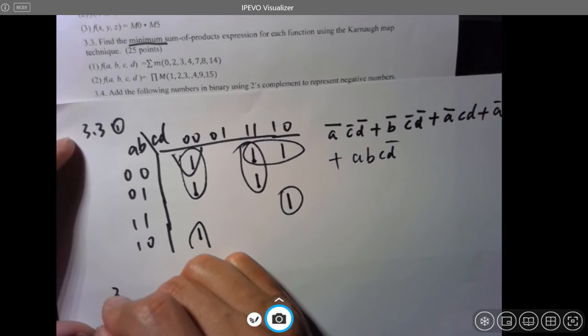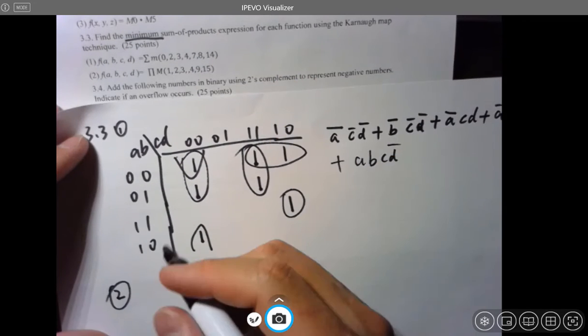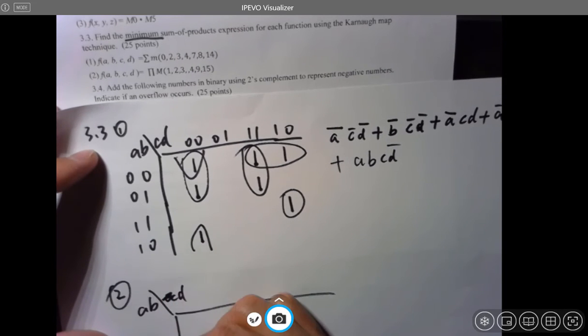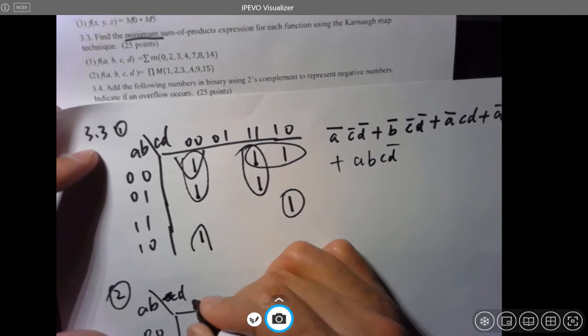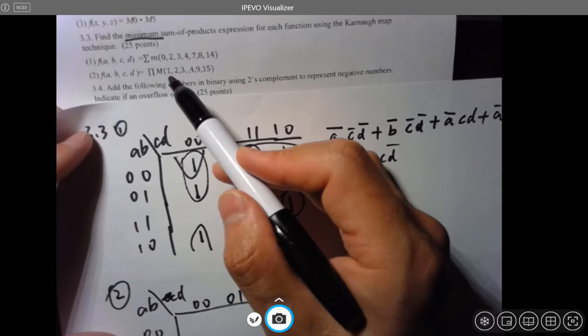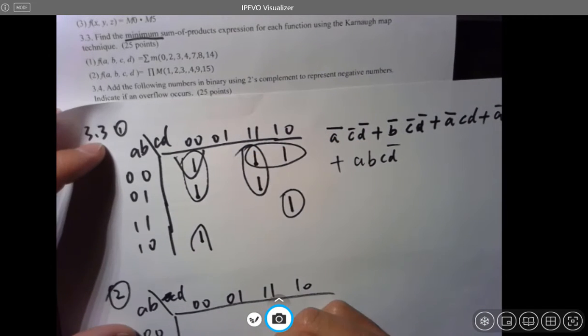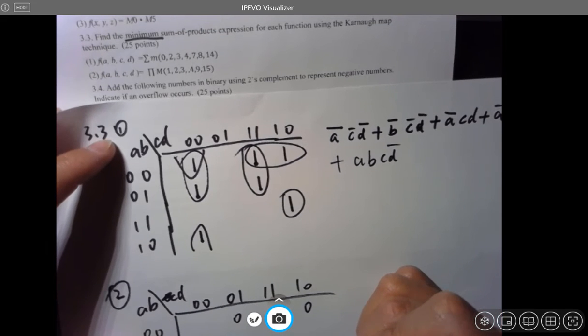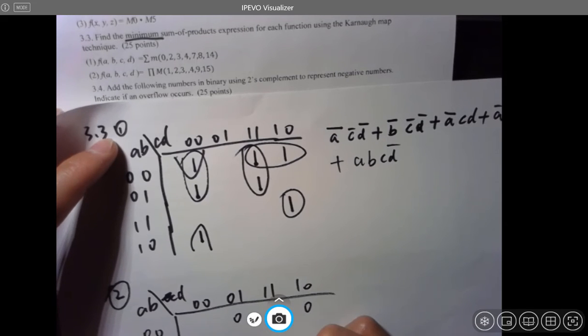That's 3.31. 3.32. It's a maxterm. CD. So the zeros are located at 1, 2, 3, 4, 9, 15.